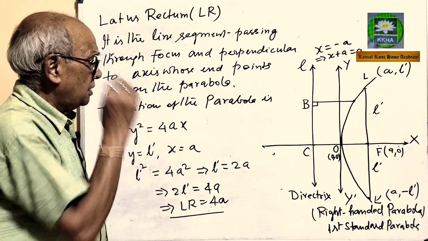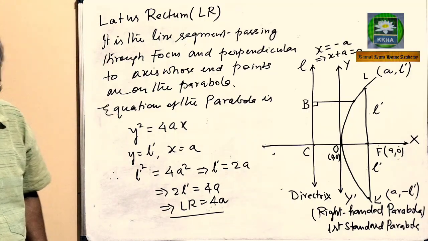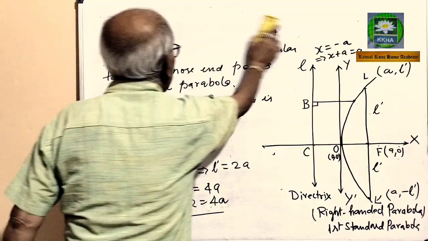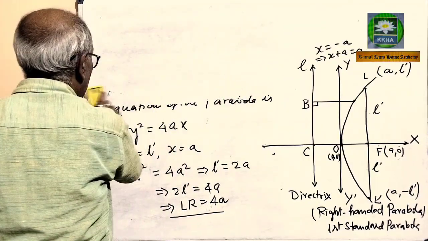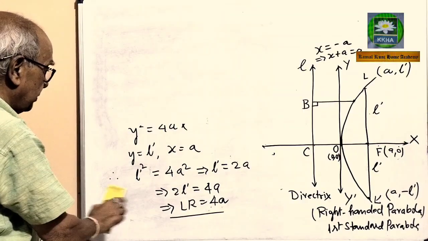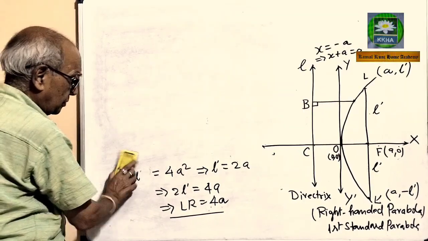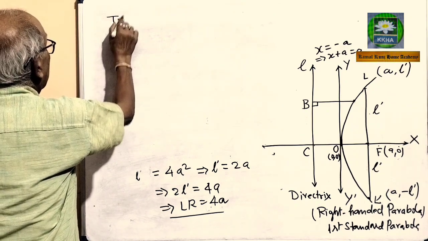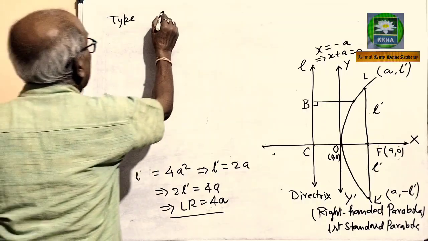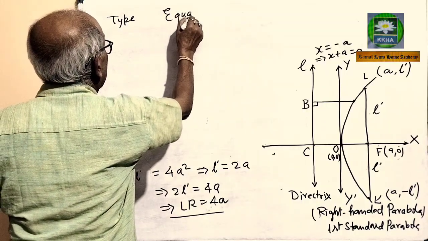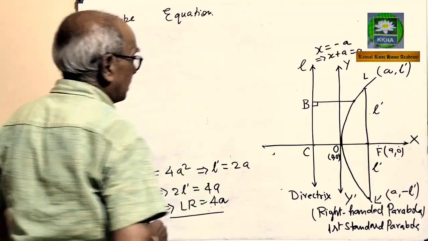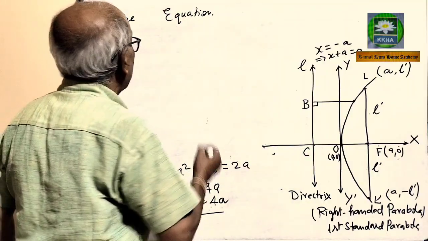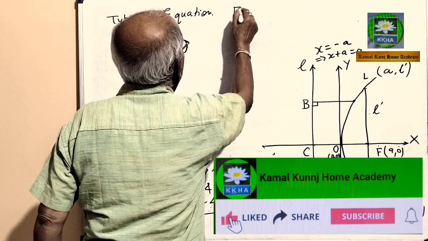Now if we summarize the results for all the 4 types of parabolas, we have type of parabola, equation, focus, latus rectum. Similarly you can find the equations for all the other 3 types of parabolas.